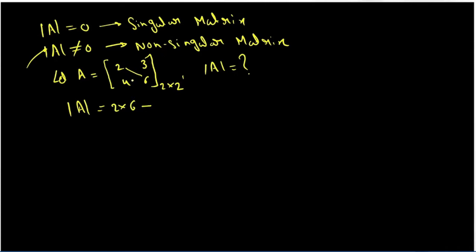After that, I will multiply these two elements, that is 4 into 3. So, you will get 12 minus 12, that is 0. So, here the determinant of A comes out as 0. That's why this matrix is known as a singular matrix.